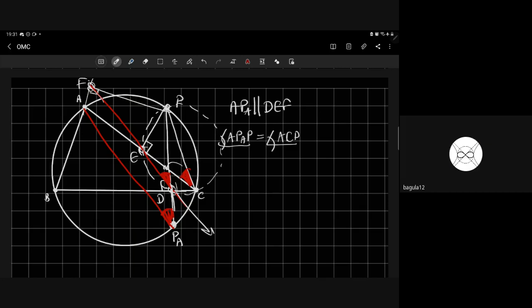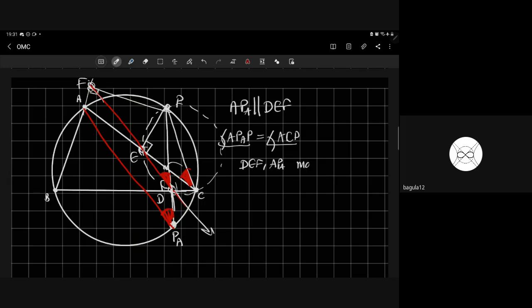So DEF and the corresponding angle. FD and APA are parallel. That's all. So DEF and APA make the same angle with the line.